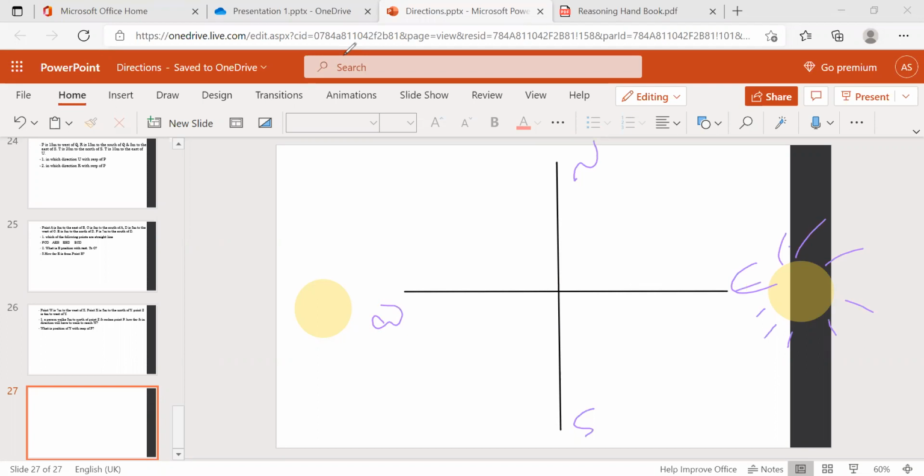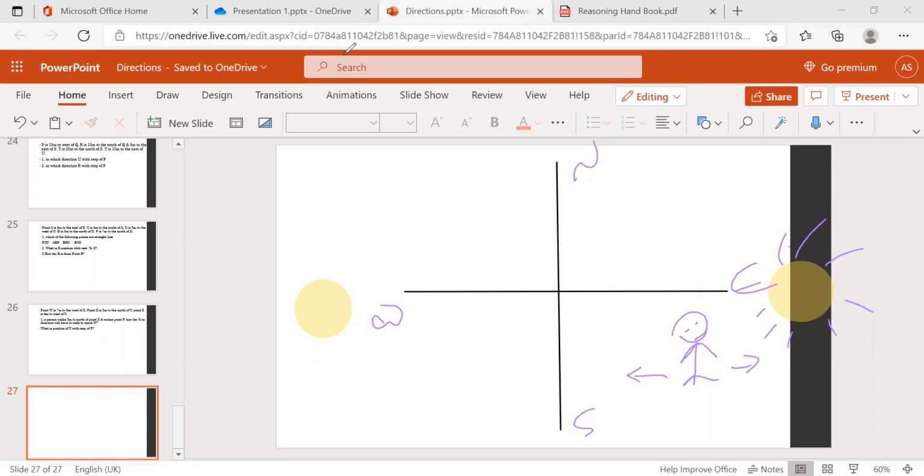Suppose a man is standing here. If the person is facing the east, the shadow is on his backside, right?